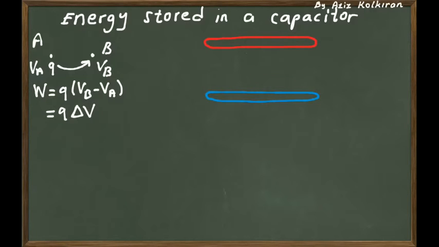So suppose you have two plates, okay, and initially they are neutral. There is no charge, but one by one you bring some extra plus charge from the lower plate to the upper plate. Suppose you pick up one positive charge and you move it to the upper plate.